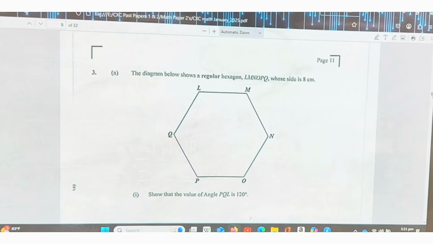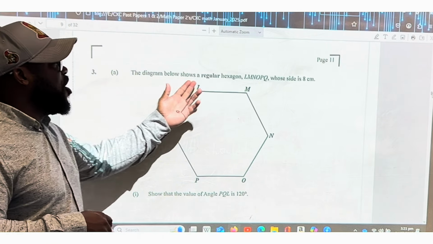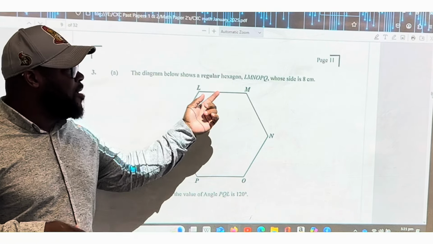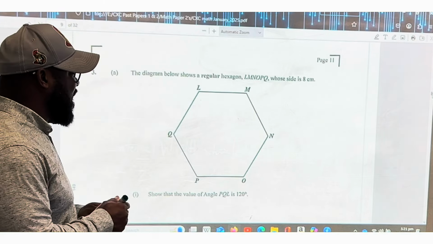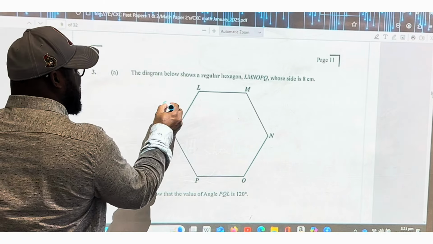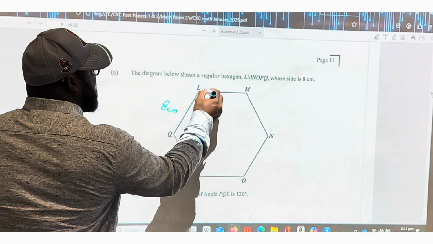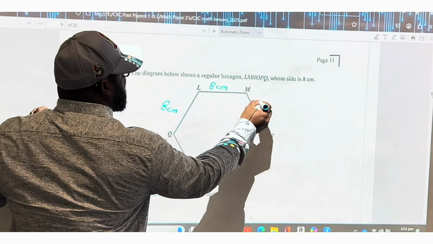Let's read the question here. The diagram below shows a regular hexagon LMNOPQ, whose side is 8 centimeters. So each side is 8 centimeters.